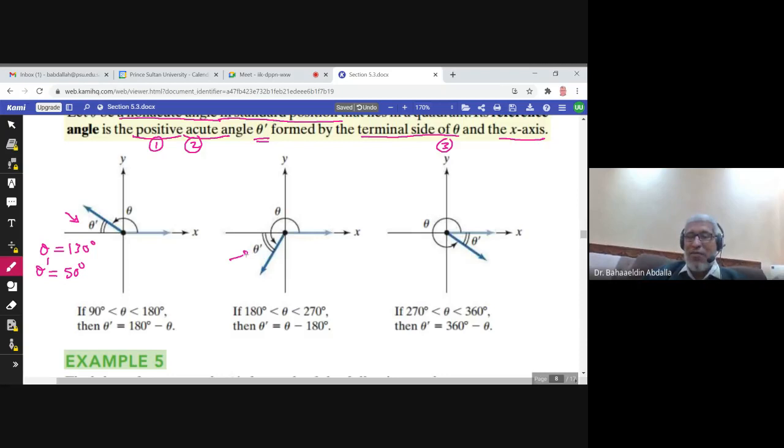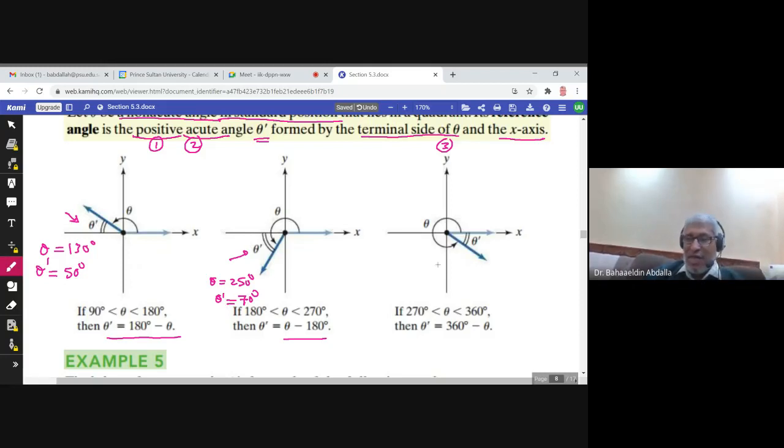If theta is, for example, 250, how do we find theta prime? 250 minus 180. So theta prime would be 70, and theta would be 250 in this case.